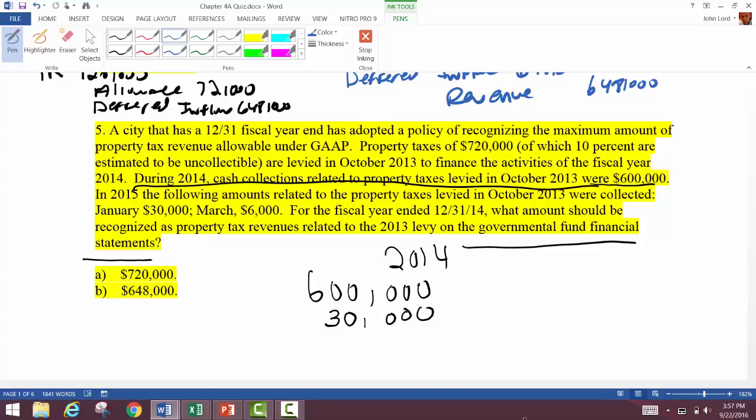During 2014, cash collections related to property taxes were 600,000, and then what? In 2015, we got what? 30,000 in January, 6,000 in March, right? And now they ask me what revenue should I recognize in 2014, but they're asking me at the governmental fund level, so they're asking me modified accrual. Same fact pattern, now we're on modified accrual, aren't we?